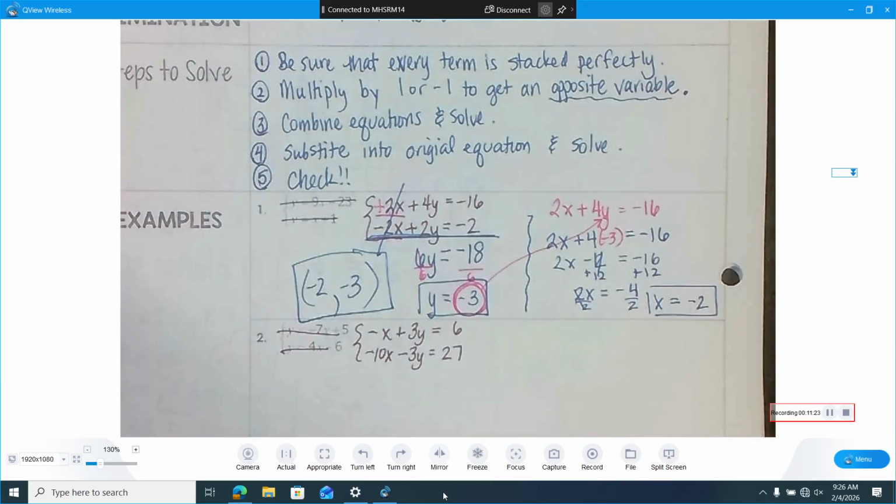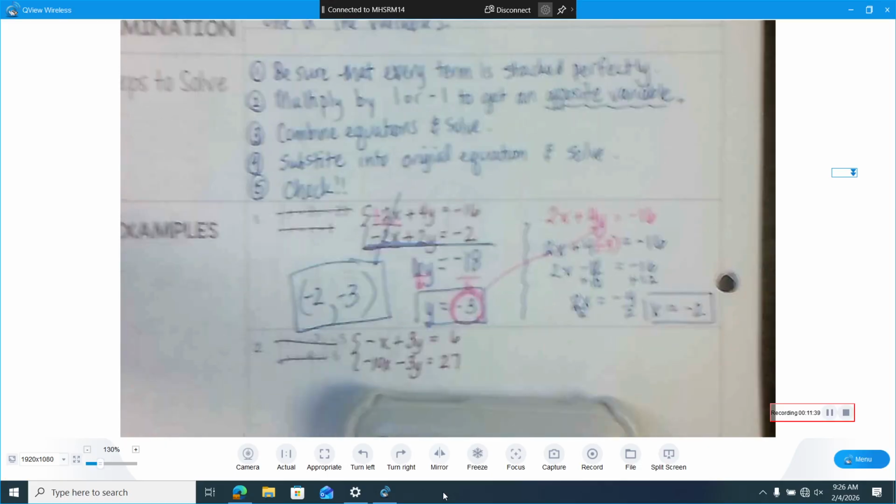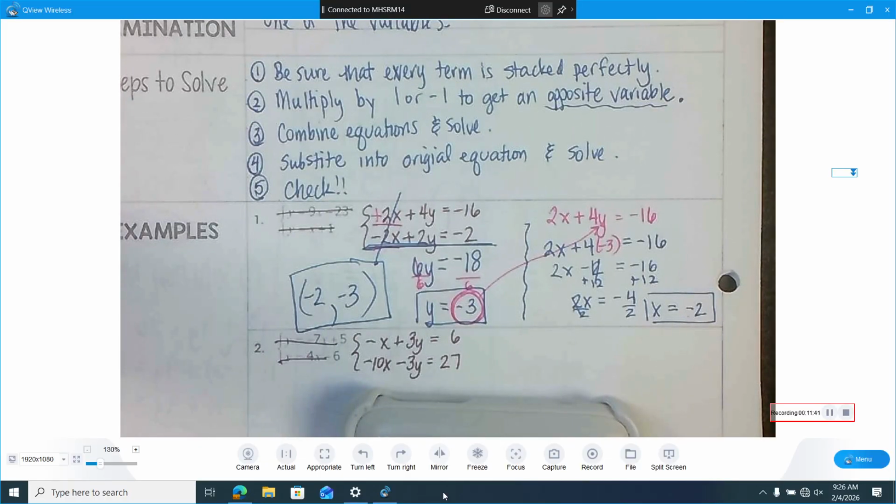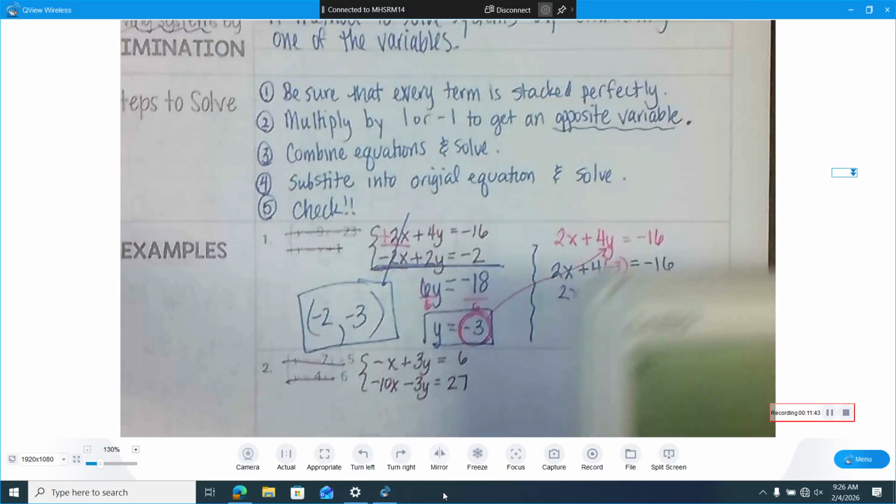I want to show you, you guys don't have calculators handy, but I'm going to grab my calculator and just show you how you can check, what you can do on your Delta Math calculators, since my calculators are still missing.